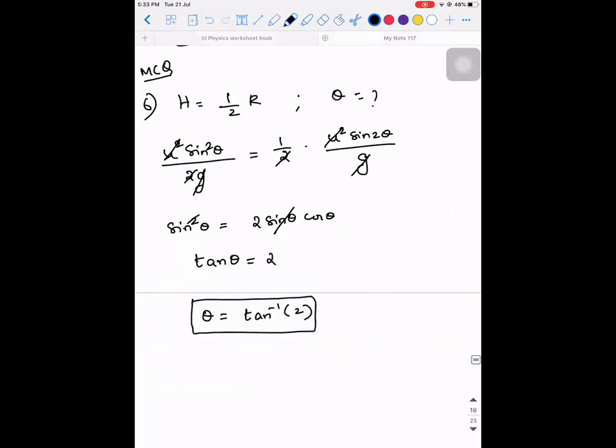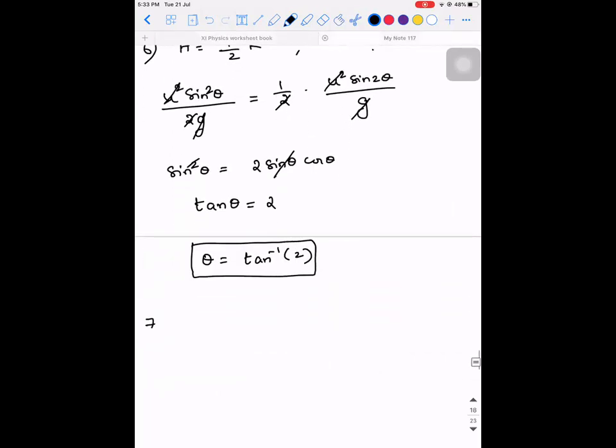So how to solve this? Since r is equal to 2h, on solving this, you will get tan theta is equal to 2. I hope there is no doubt in this step. What have they asked? R is equal to u square sine 2 theta divided by g.